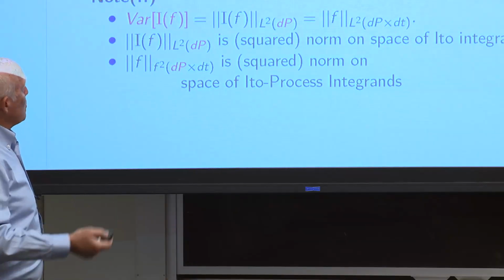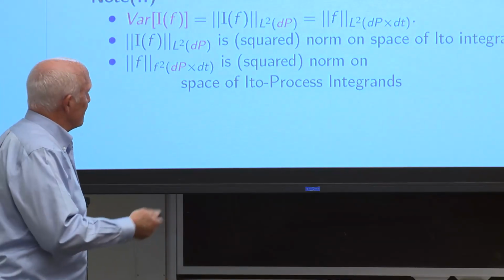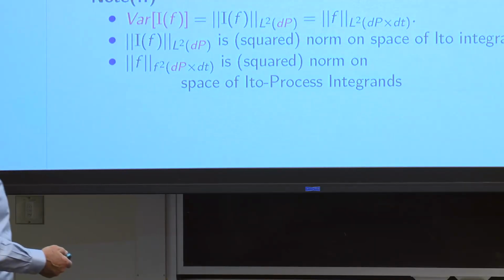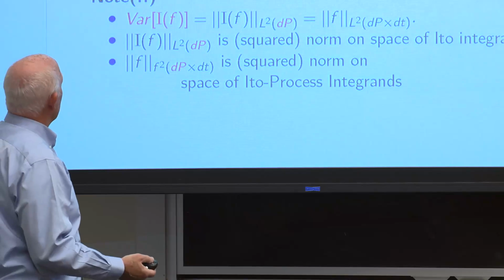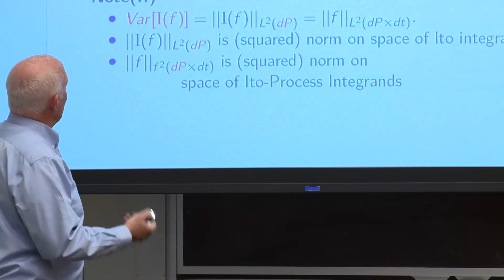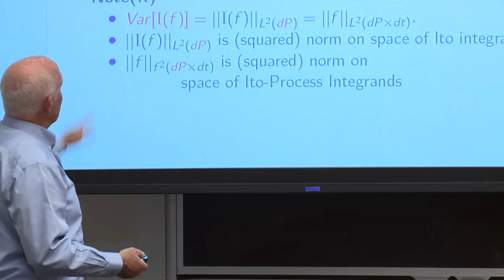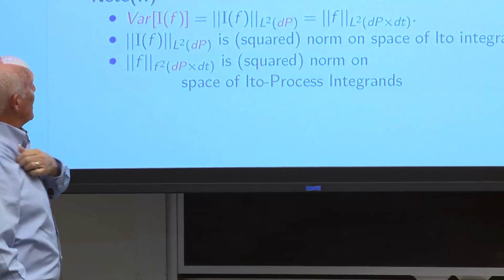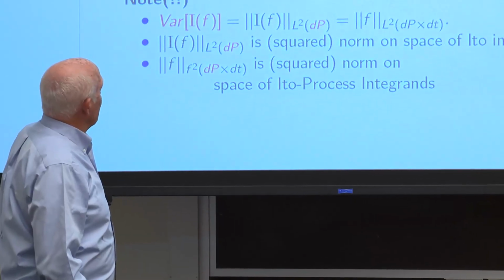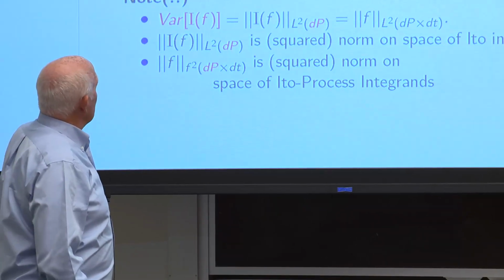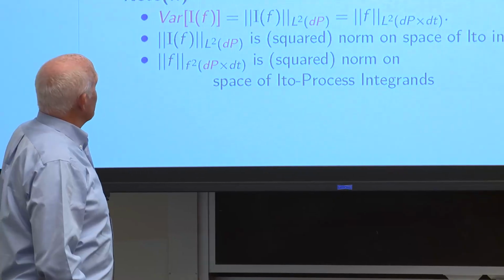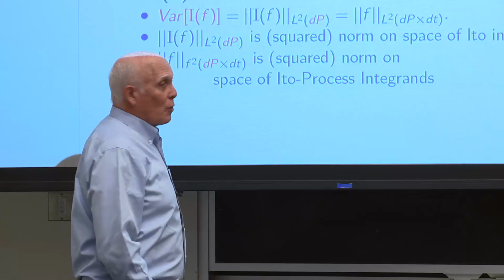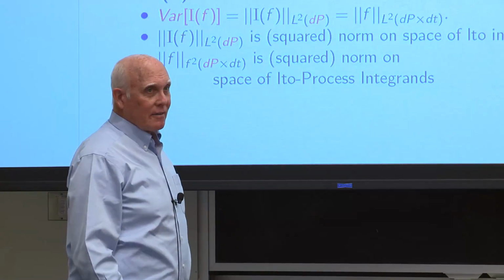With this motivation of defining useful norms on different spaces, we have the Ito isometry: if we look at the variance of Ito integrals defined by integrand little f, then those squared norms, or the variances of the Ito processes, are equal to the L2 norm of the integrand little f.